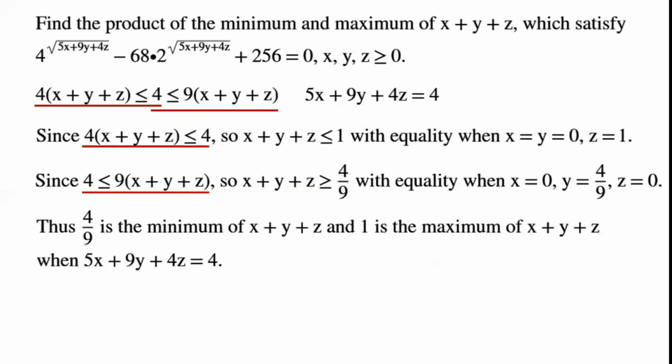Thus, 4/9 is the minimum of x plus y plus z, and 1 is the maximum of x plus y plus z when 5x plus 9y plus 4z equals 4.